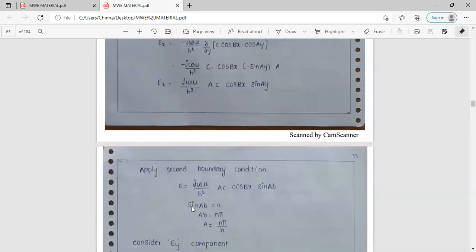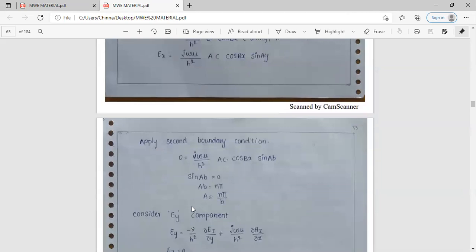Apply the second boundary condition in the above expression, then we can obtain 0 is equal to j omega mu by h square into a c cos bx into sin ab. Here we can consider that this term will not be 0, so we can consider sin ab is equal to 0.